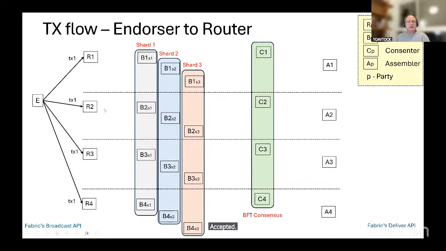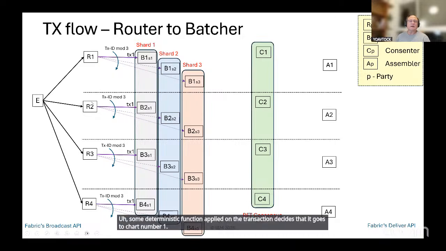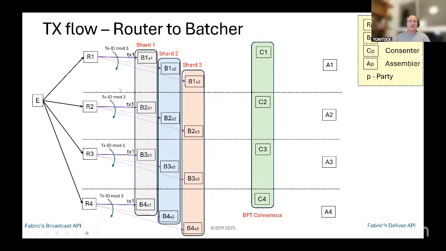Once the transaction is in the routers, they spread the transactions consistently onto the different shards. So, for example, on this transaction number one, some deterministic function applied on the transaction decides that it goes to shard number one. And all the parties have to do the same. Each router sends the transaction to the batcher of its own party on shard number one.